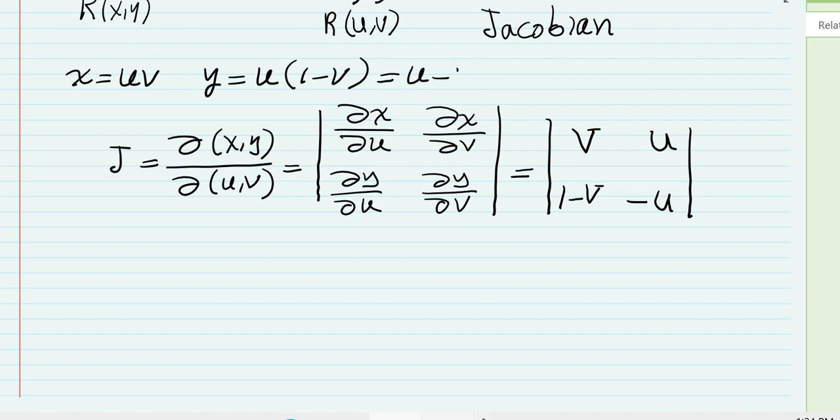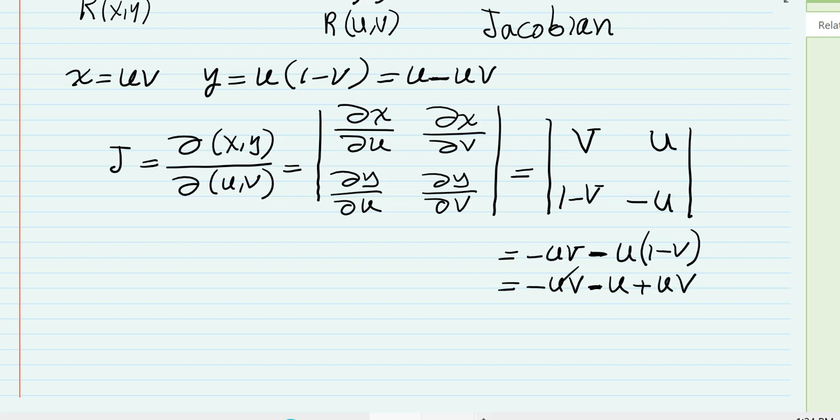If you distribute, that will help you see it a little easier. So the partial with respect to v is just negative u. And the 2 by 2 determinant, if you recall, you multiply the diagonal elements minus the product of the off-diagonal. Carrying this a bit further, the uv terms cancel, so the Jacobian of our transformation is simply negative u.